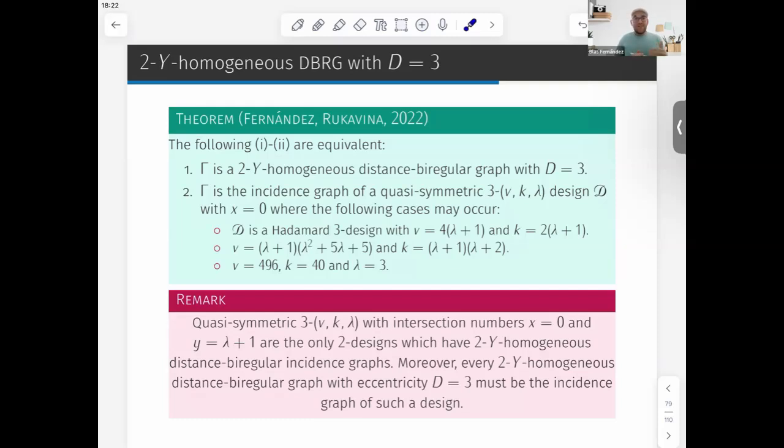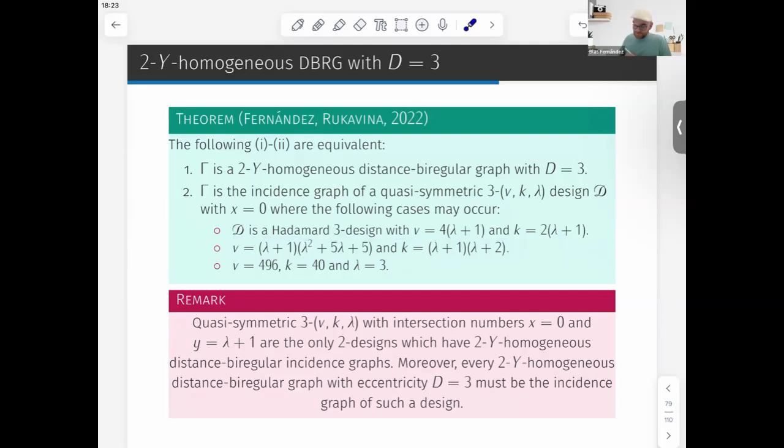It turns out that these designs are already well known and classified in the field of combinatorial design. These are designs related to the so-called Cameron's extension theorem, and they belong to 3 different families. These are the Hadamard 3-designs and these 2 families. For this family, the existence is only known when lambda is equal to 1, and it is not known whether such a design exists when lambda is greater.